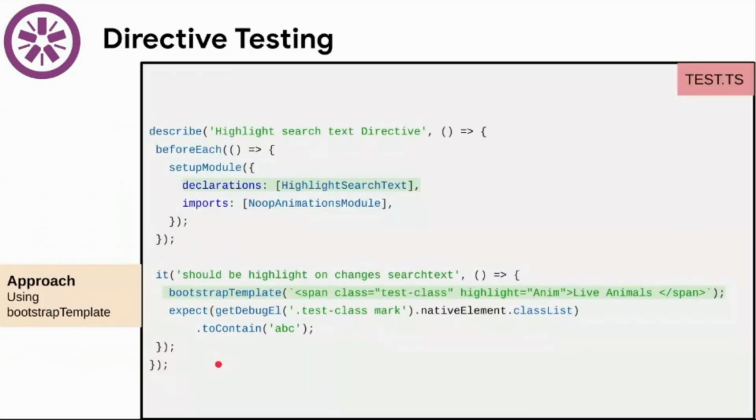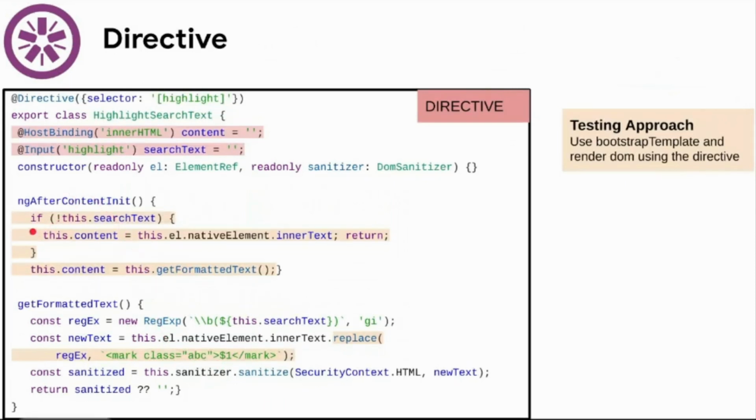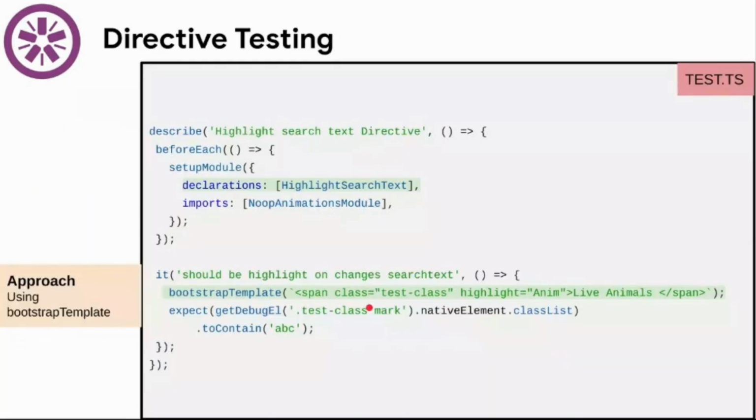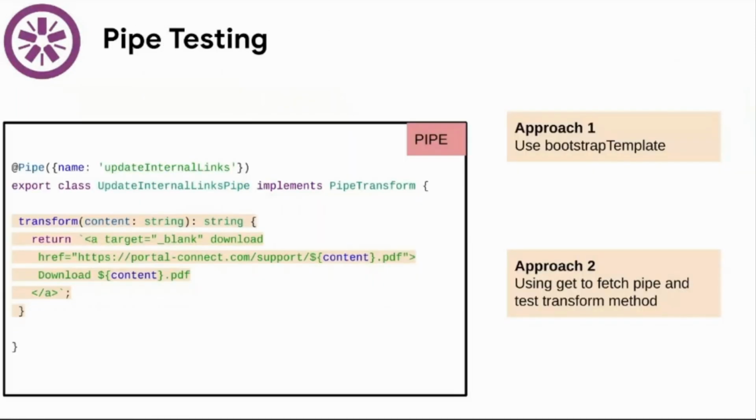Apart from that, there are two conditions if you check. There is one if condition where it is written, and there is the else condition. Both conditions need to be checked, which I guess puts the entire coverage in place and covers the entire directive while testing. Now coming to the pipe testing.